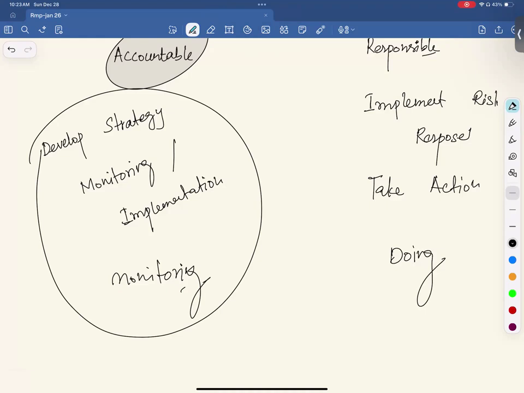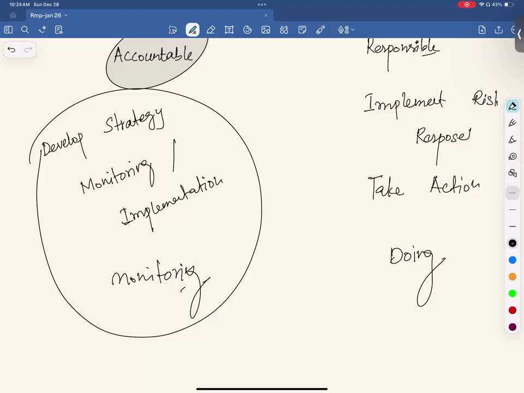You understand, everybody? Does it make sense? Is it clear? Once again, I repeat, you may expect a question in the exam. We have project manager, then risk manager, then risk owner, and then risk action owner. The job of the risk action owner is to just take the action. That's it.